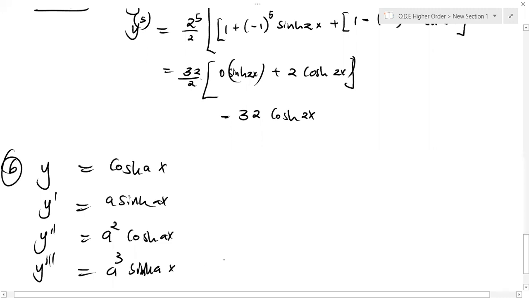Now, since cos hyperbolic of x is not periodic, it's also more difficult to find a general statement for yn.